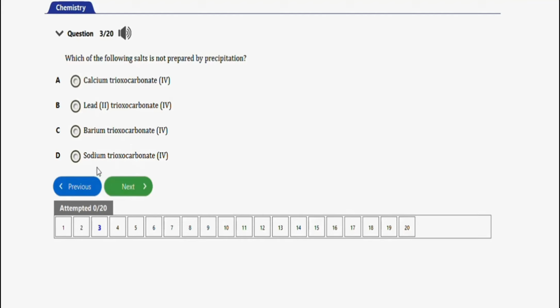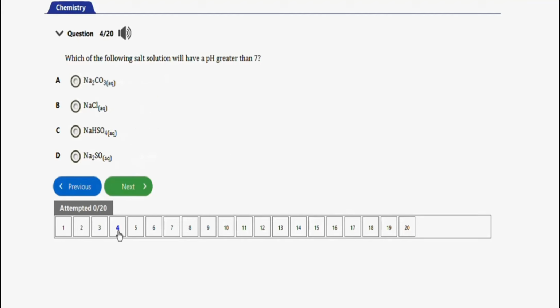Okay, next question. Which of the following salt solutions will have a pH greater than 7? That should be a basic compound. The right option here would be option A, sodium carbonate. Sodium chloride is a common salt.